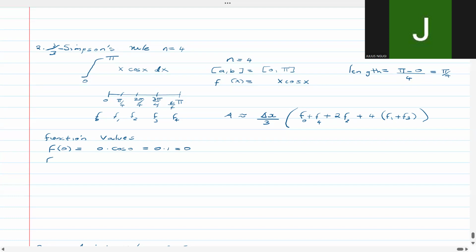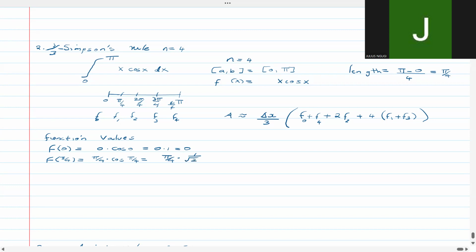The other one is f at pi/4, the second one, which is pi/4 multiplied by cosine of pi/4. If you remember the 30, 60, 90 and 45, 45, 90 angles, cosine of pi over 4 is 1 over root 2.